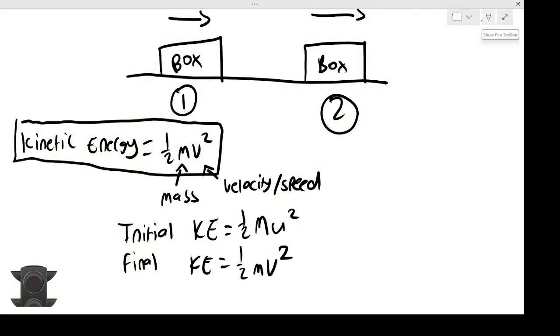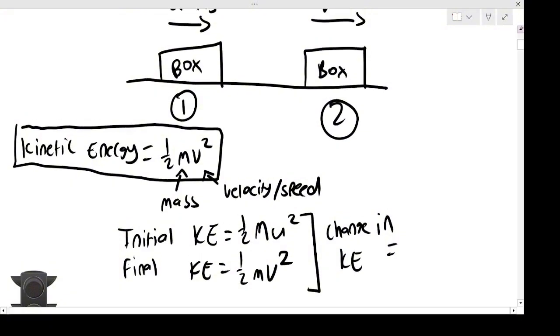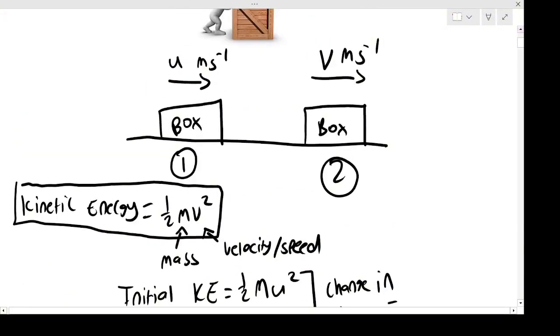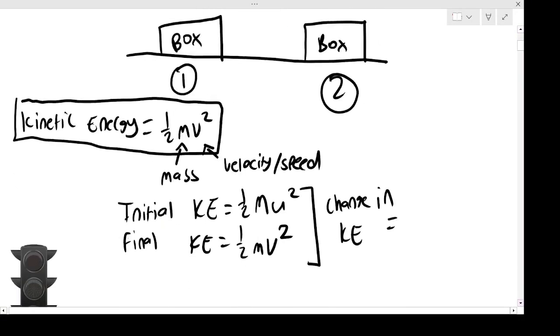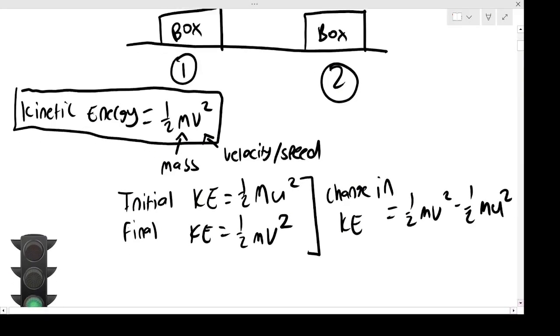Then if I calculate the change in kinetic energy throughout these two points, the change in KE, we're going to be taking them away, right? So it's going to be half mv squared take away half mu squared. And so there we are, the change of kinetic energy. We take away from the two different energies that we have.